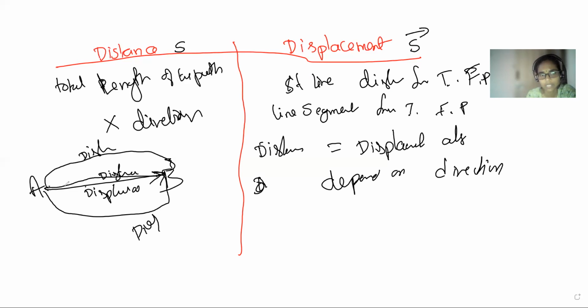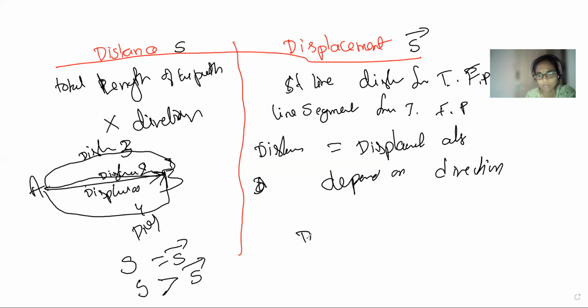See, in the first figure, in the center line, let us take 2 meters, where distance is equal to displacement. But distance is otherwise always greater. Suppose it is 3 meters, it is 4 meters. You observe, distance is always greater than displacement, or sometimes it is equal also.